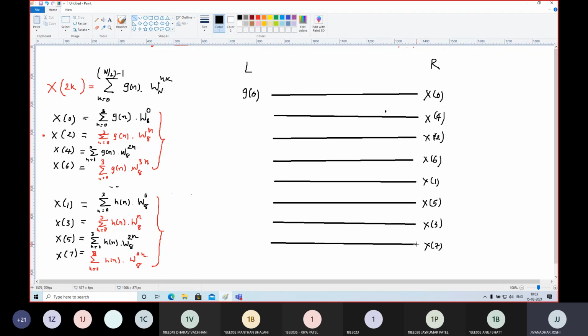Here I should have G of 0, G of 1, G of 2, G of 3, right? Because n goes from 0 to 3. So this is enough. Then I should start with the H. Correct? Yes or no?